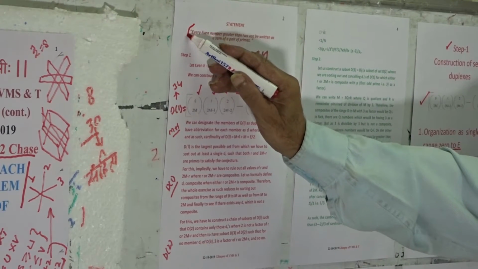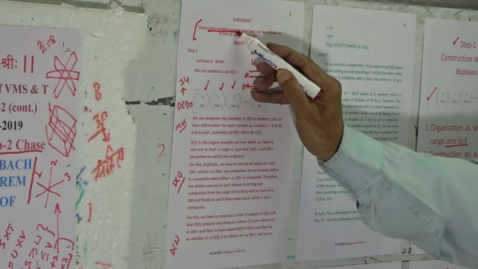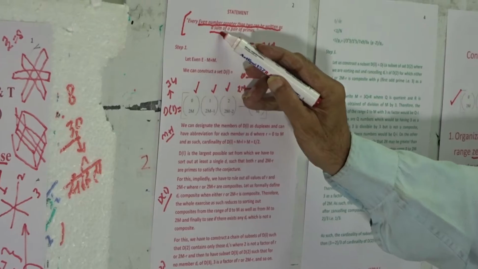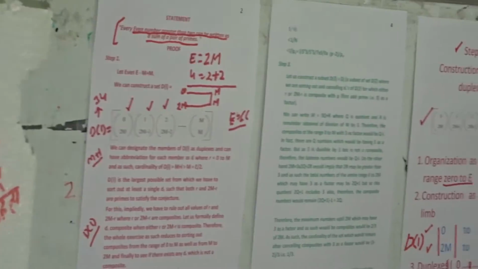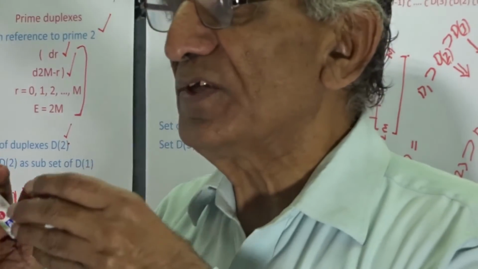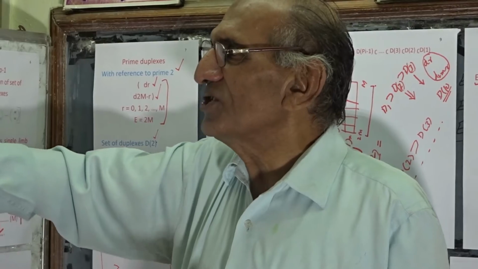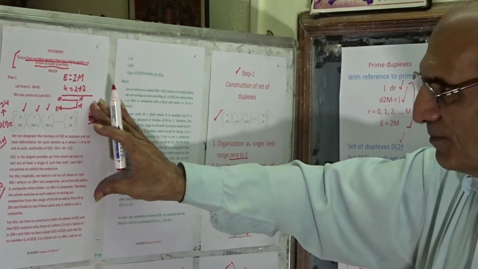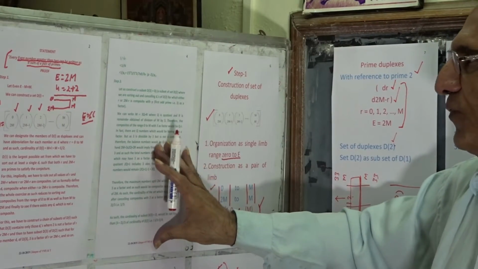The conjecture is that every even number greater than 2 can be written as a sum of a pair of primes. It is this reach which is the expectation. It is this reach which is being reached by this proof.